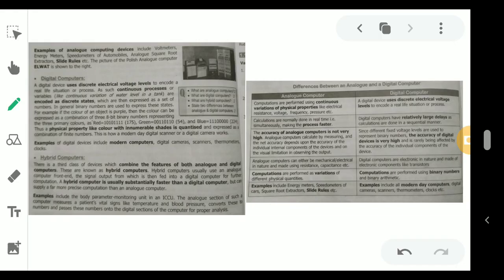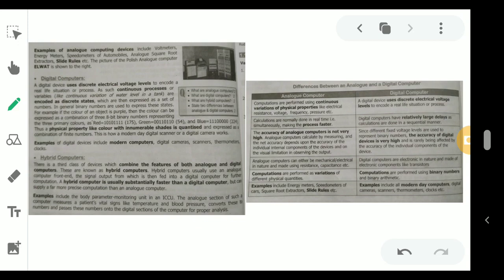Now we will talk about the hybrid computers. There is a third class of device which combines the features of both analog and digital computers. These are known as hybrid computers. A hybrid computer usually uses an analog computer front end.